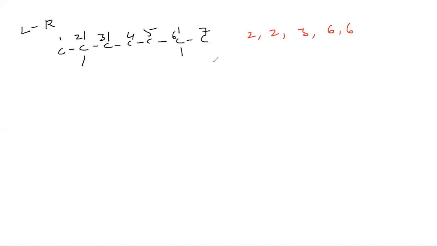Suppose if I give the numbering from right to left, 1, 2, 3, 4, 5, 6, 7. According to this, I have second position, fifth position, and sixth position.